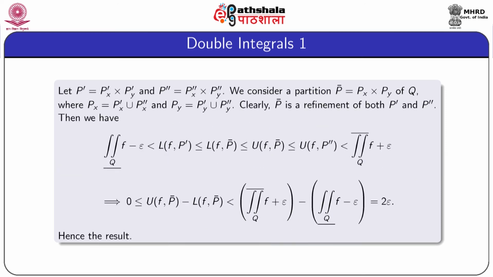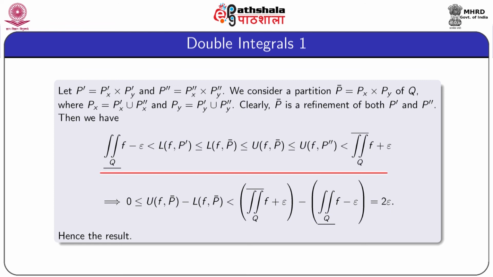Let P' = Px' × Py' and P'' = Px'' × Py''. We consider a partition P bar = Px × Py of Q, where Px = Px' union Px'' and Py is also defined in a similar fashion.